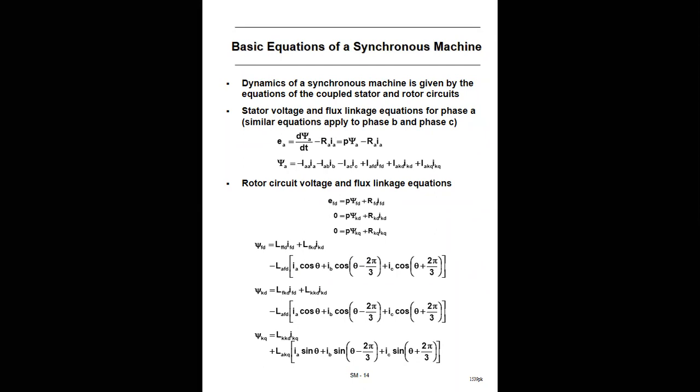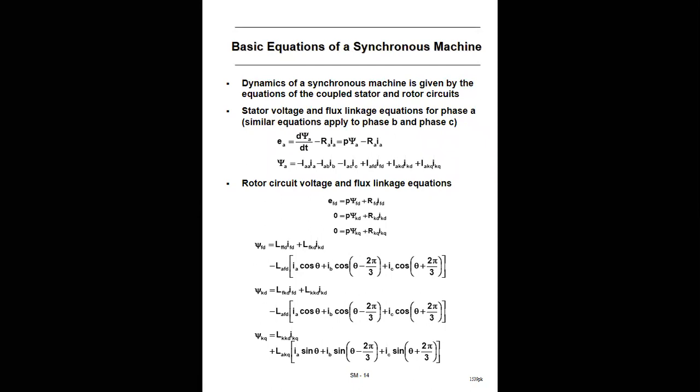Now the rotor circuit voltage and flux linkage equations. EFD is equal to rho psi FD plus RFD IFD. 0 is equal to rho psi KD plus RKD IKD, and 0 is equal to rho psi KQ plus RKQ IKQ.